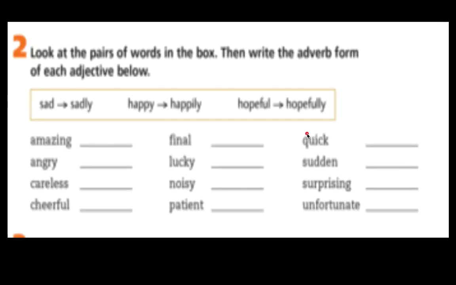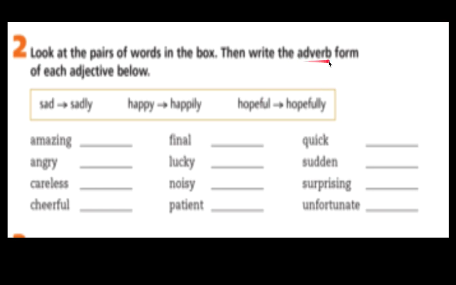If you look below the picture, you can see some words. Here we are going to practice using an adjective. So an adjective describes a noun. Sad man, happy girl, hopeful student.